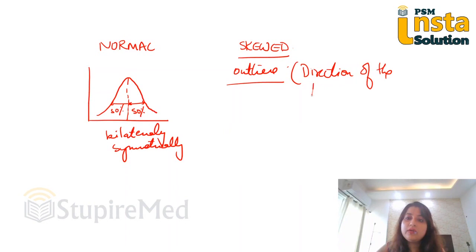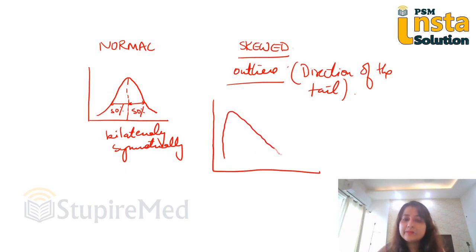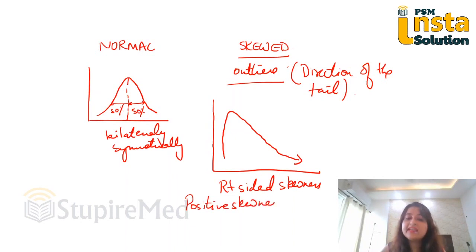So I'm going to draw 2 figures. Look at this figure. If it is like this, where is the direction of the tail pointing to? Towards the right side. So this becomes a right-sided skewness, or a positive skewness. Please remember this, your data is being pulled to the right side.